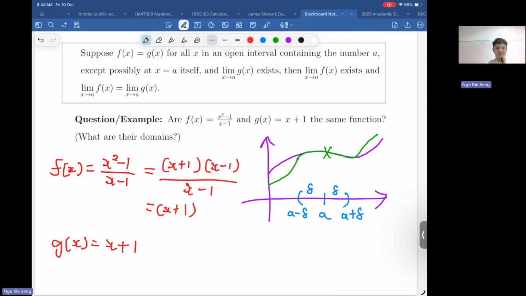Okay, I challenge all of you. Try GeoGebra now and plot these two functions. See whether they are the same or not.